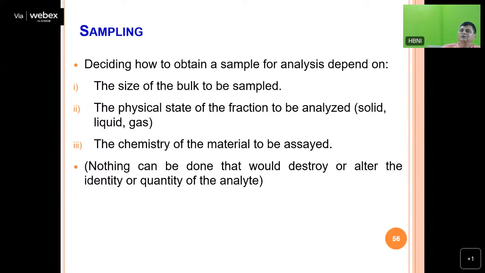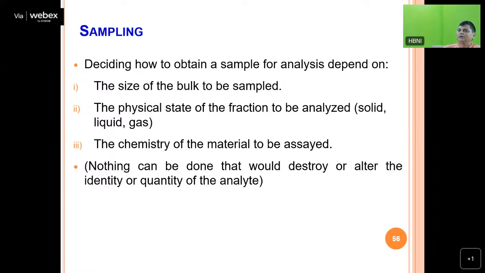Then there is the chemistry of the material to be assayed. Nothing can be done that would destroy or alter the identity of the analyte. For example, if you are performing any sampling which destroys or alters the identity or quantity of the analyte, then you cannot proceed, because if your analyte itself changes concentration or is destroyed while doing the sampling, then on-the-spot determination is a must.